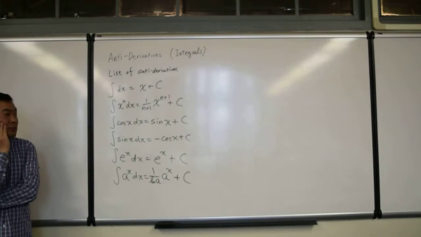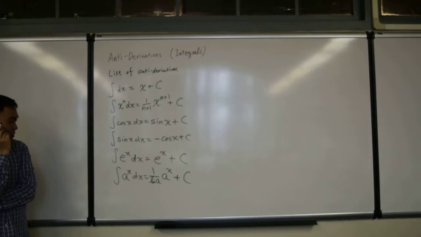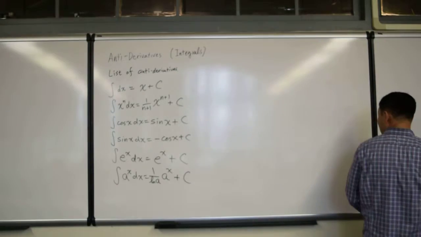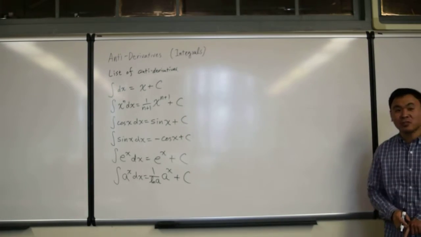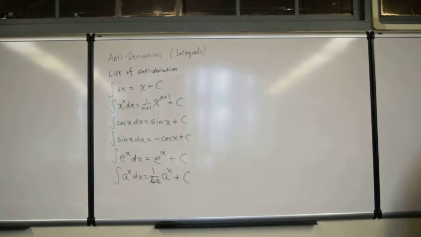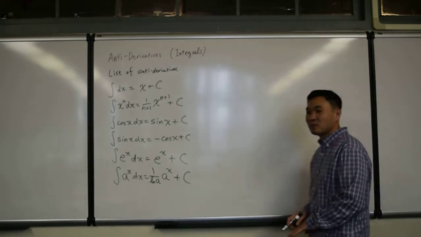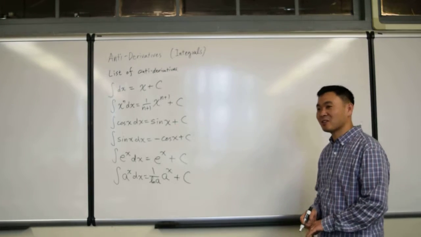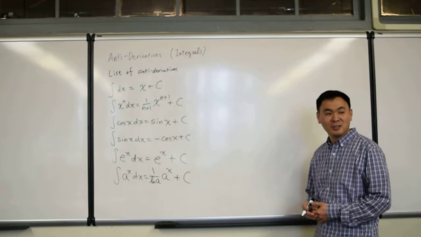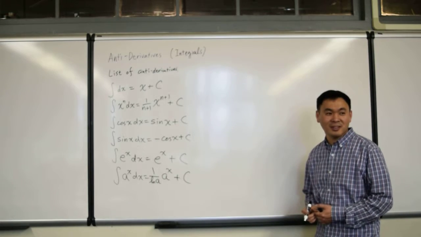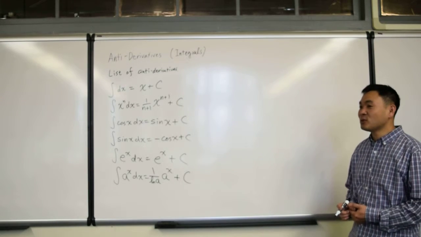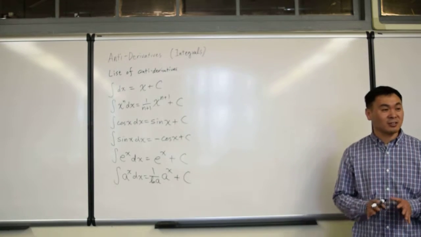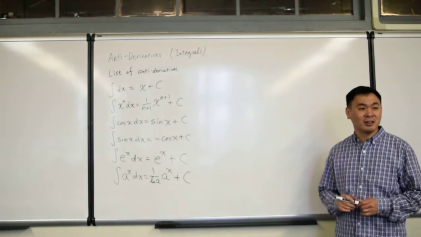Now there are other things, but those are not very easy to do. Like for example, what's the integral of tangent of x? If you think about what differentiates to tangent of x, that's not an easy question. If you differentiate secant of x, you get secant x times tangent x, right?